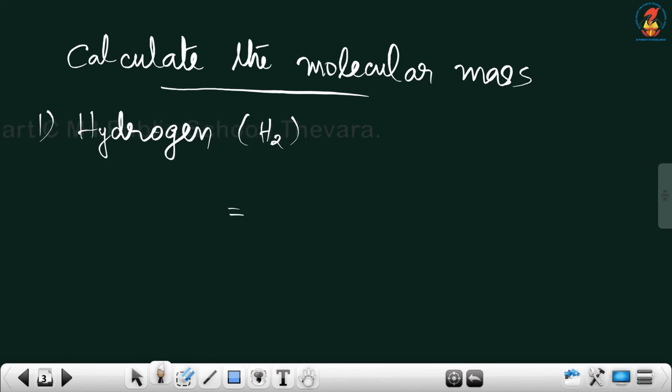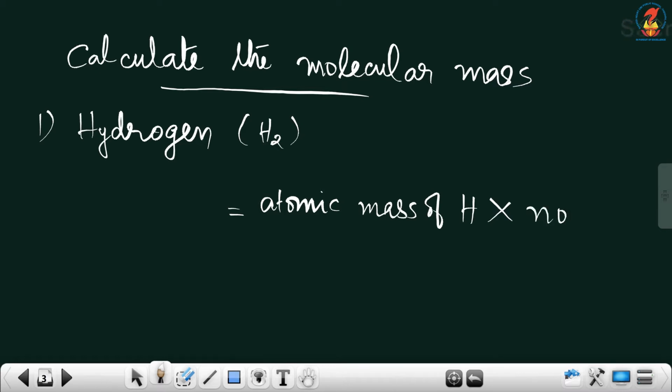Molecular mass of hydrogen is equal to the atomic mass of hydrogen into 2, the number of atoms of hydrogen present.